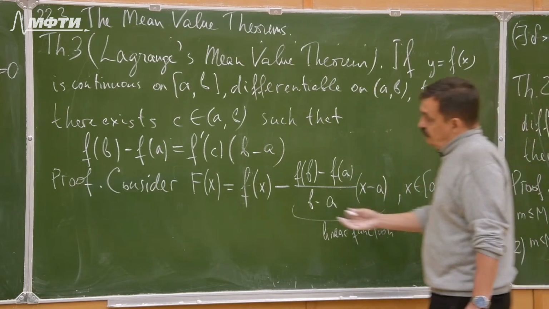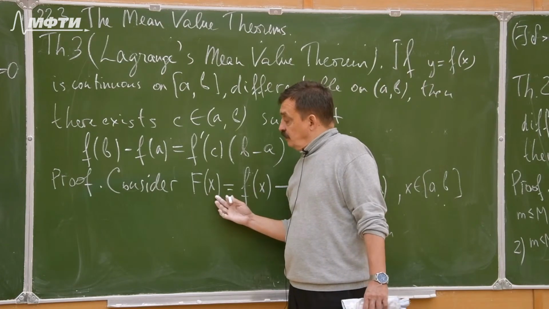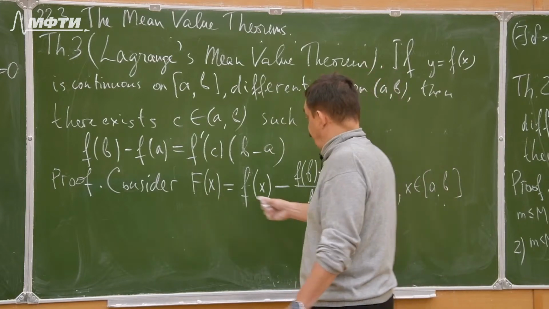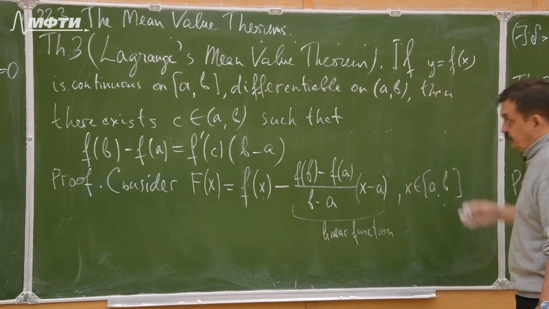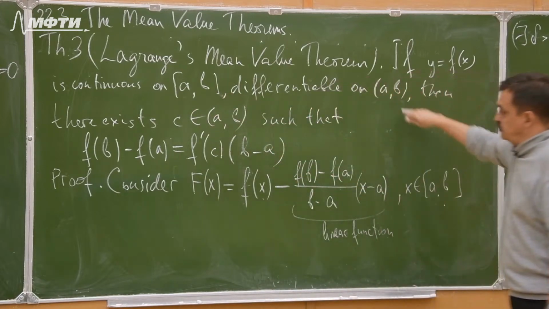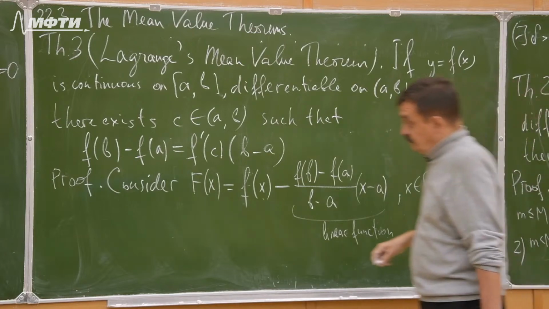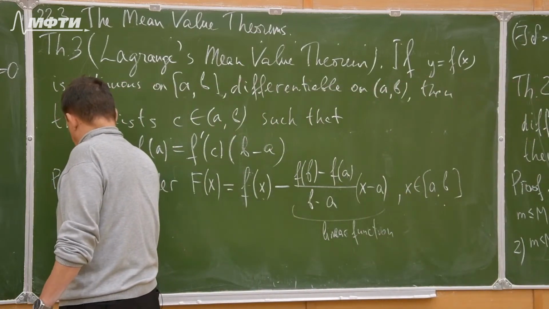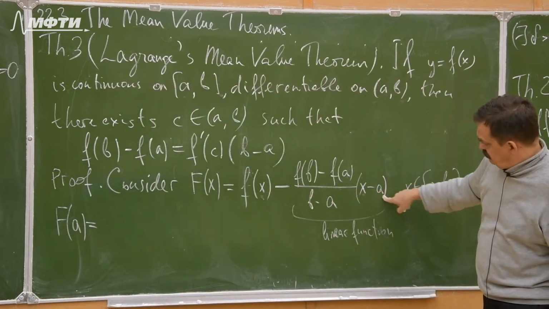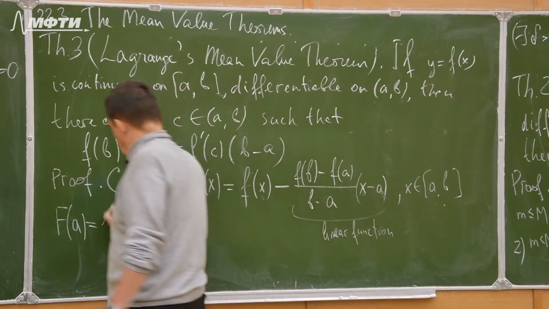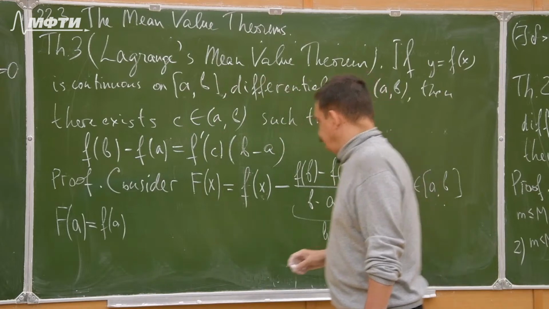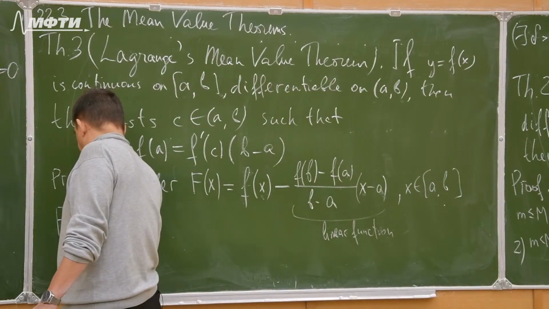So the function capital F of x inherits all properties of the function f of x. So it is also continuous on the segment [a, b] and differentiable on the interval (a, b). Moreover, what is about F of a? If we substitute x equals a, here we have 0, that is f of a. And what is about capital F at b?